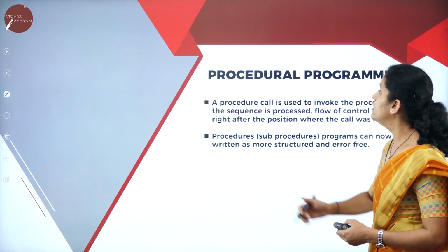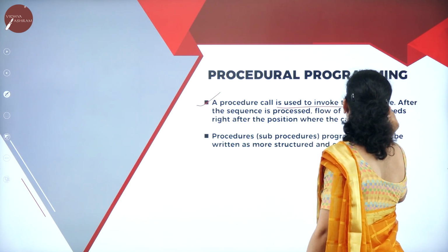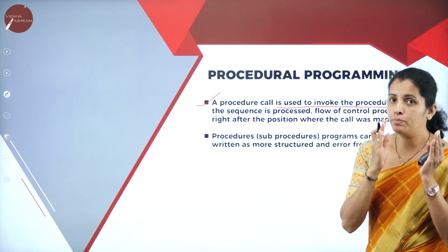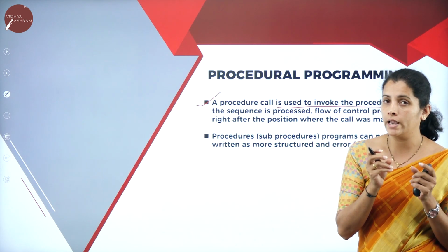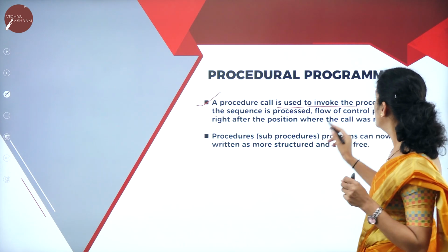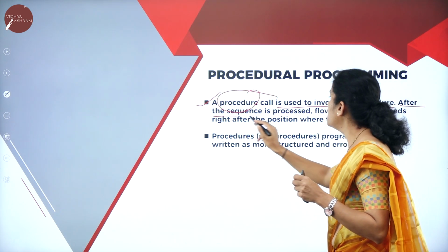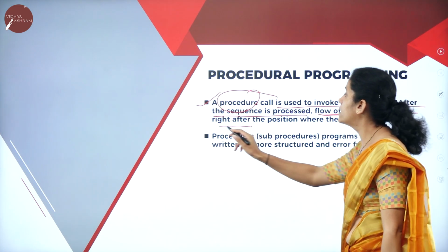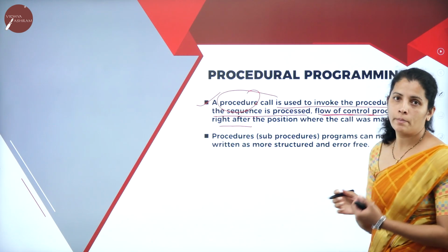Moving further, a procedure call is used to invoke the procedure. That means if I have a procedure and I want to invoke that procedure, what I require is a procedure call. After the sequence is processed, flow of control proceeds right after the position where the call was made.